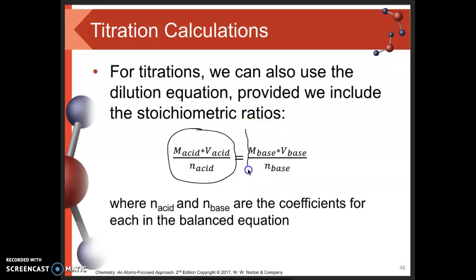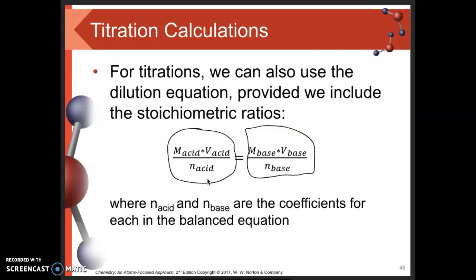And on the other side of the equation, we keep all that we know about the base. And so if I know the molarity of the acid and how much of it I use, and what the balanced chemical equation looks like for the acid, and I know the same data for the base, I can solve for whatever is missing. What's also nice is that this doesn't have to apply just to acids and bases.